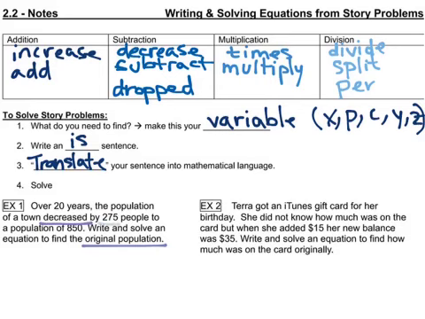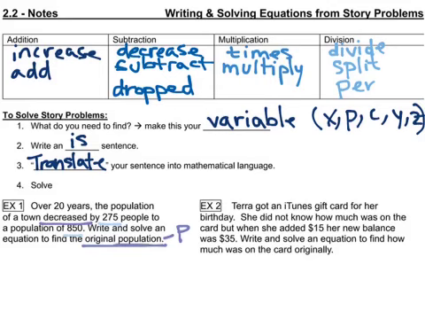Also, what I notice is we've got a couple of numbers that seem to be important. And we're going to create an equation to come up with whatever the original population is. So we could say X for that, we could say P, we could say really whatever we want. I'm going with P because we have population there.